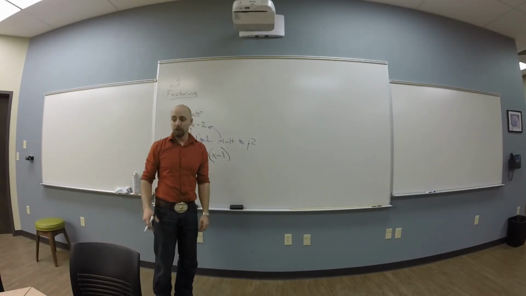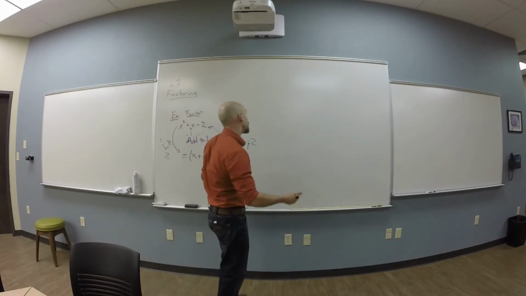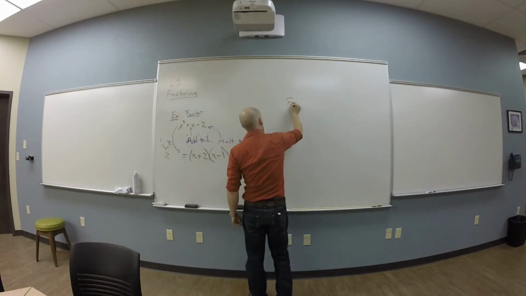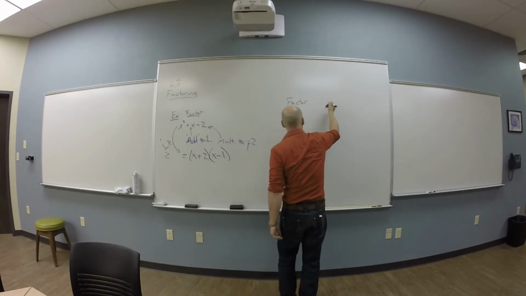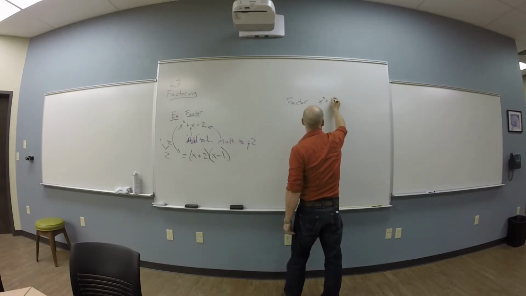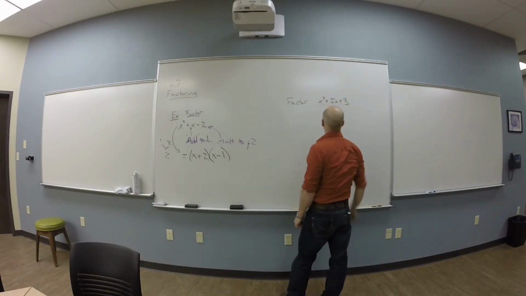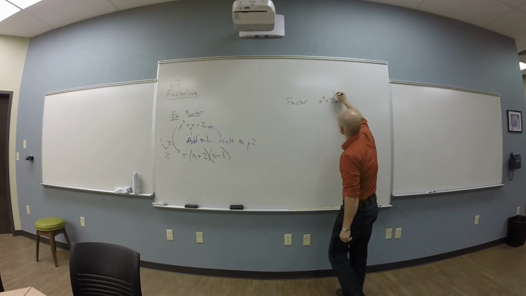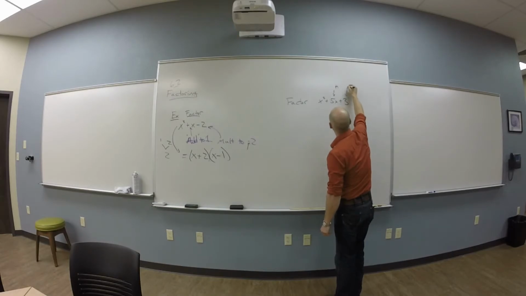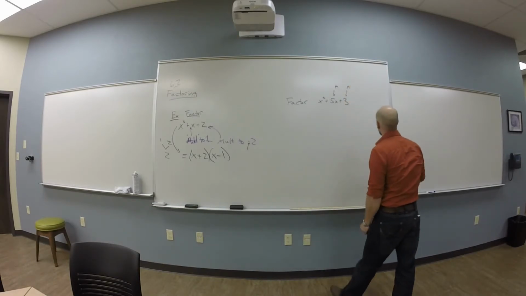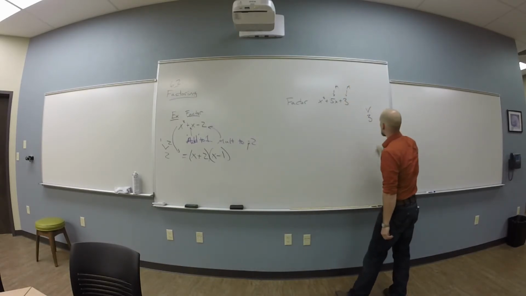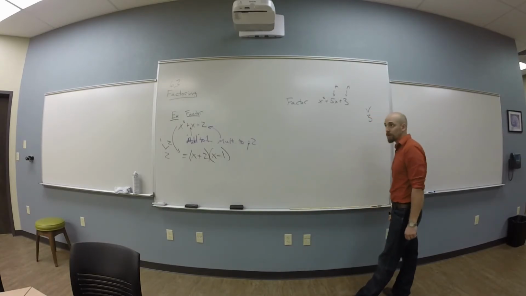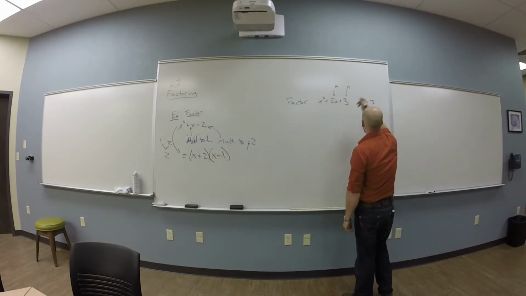There's one more thing we should know, which is that if we try to factor some things, like x squared plus 5x plus 3, I think to myself, all right, we're going to add to 5 and multiply to 3. 3 only has the one set of factors, 1 and 3.